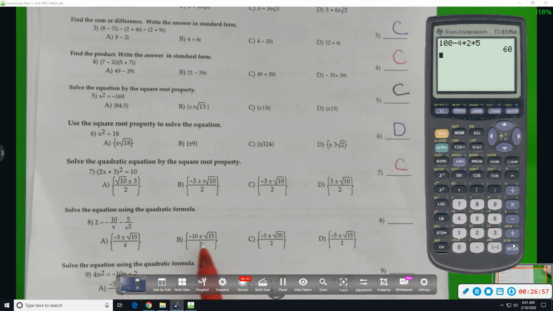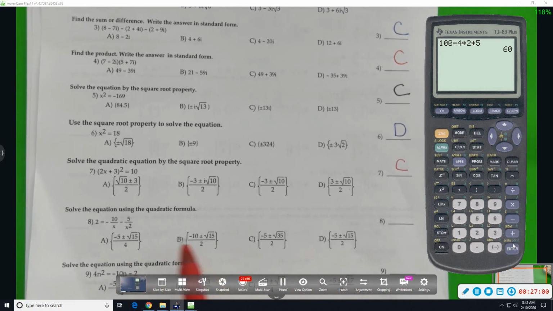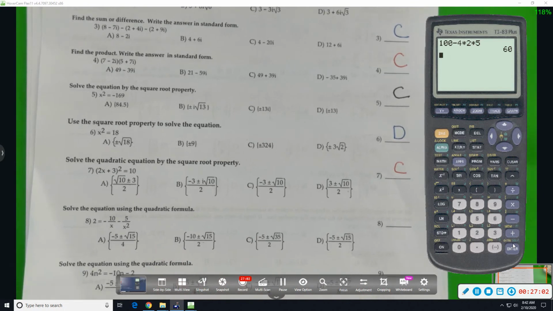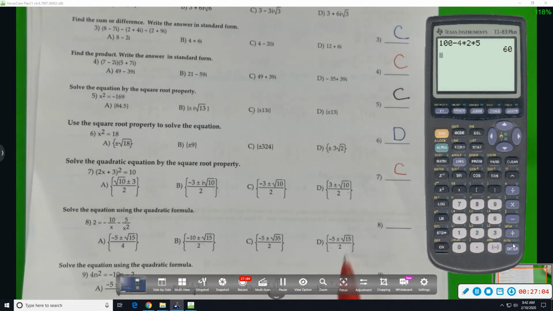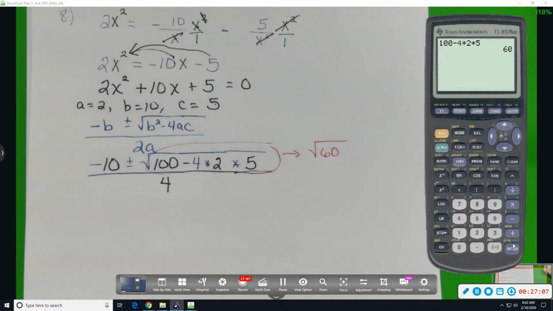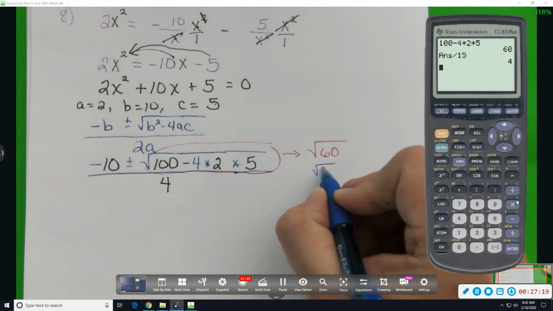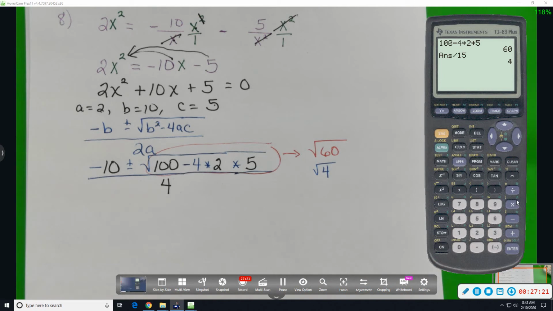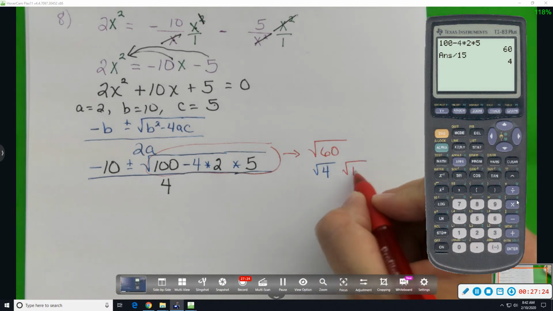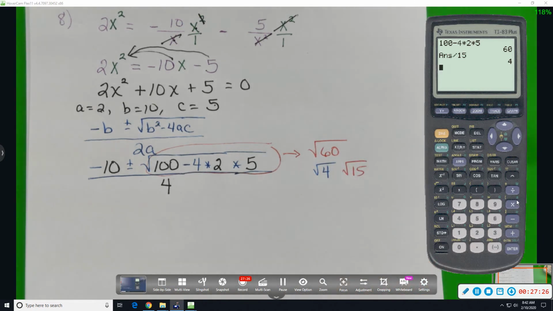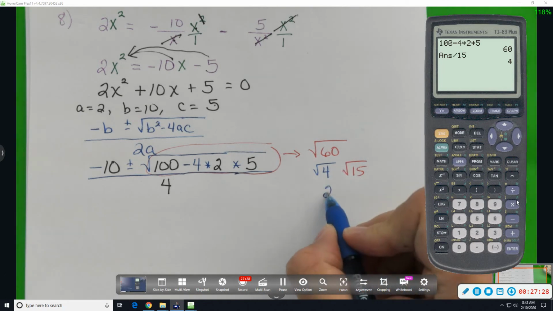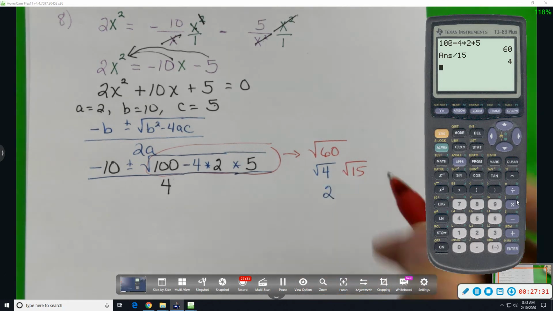But if you look at the answer choices, 3 of them have a 15 under there. So odds are 3 to 1 that there's a 15 under the square root symbol. So let's see. Is 60 divisible by 15? Yeah, 4. And 4 is a perfect square. So I'm thinking of 60 as 4 times 15, and I'm reducing the blue 4 to just a blue 2, square root of 15.